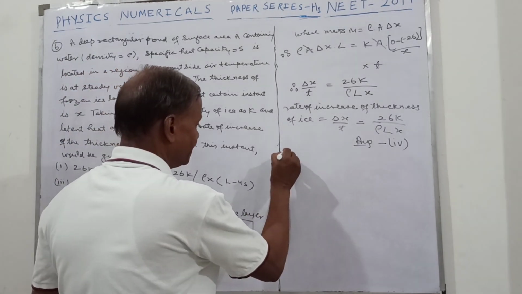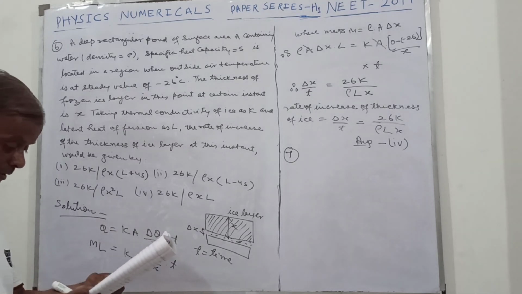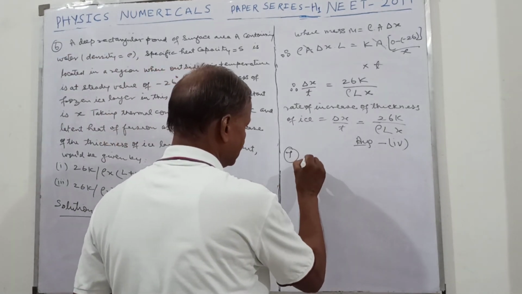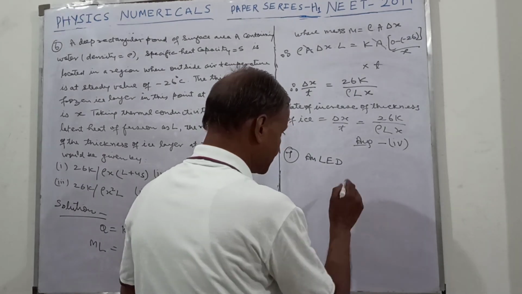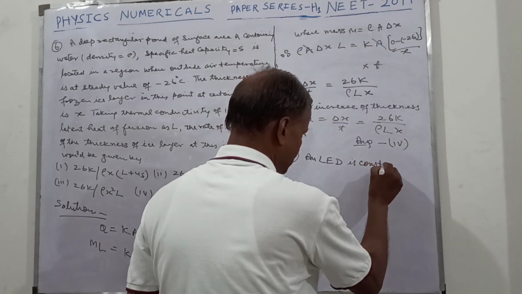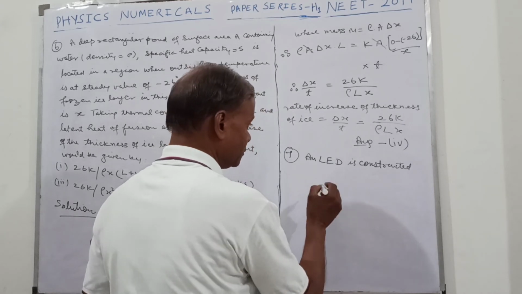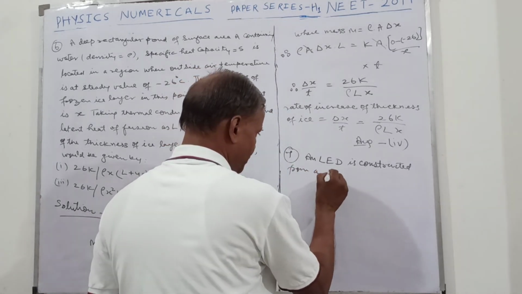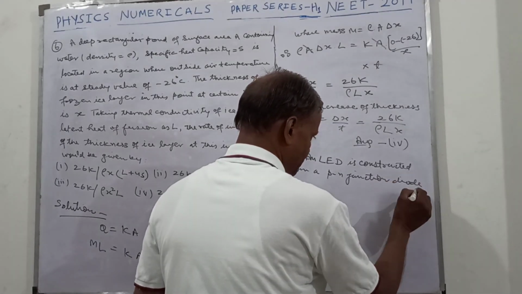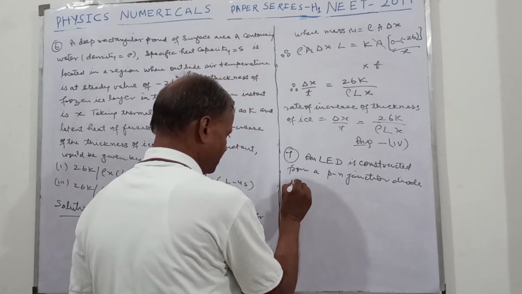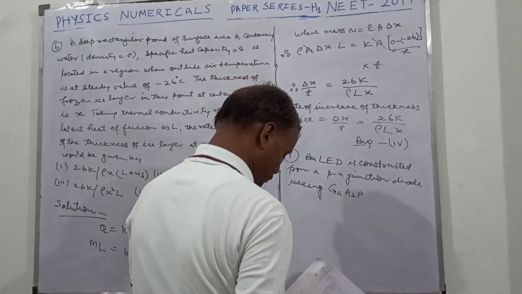Now question number 7. An LED is constructed from a PN junction diode using gallium arsenic phosphorus.